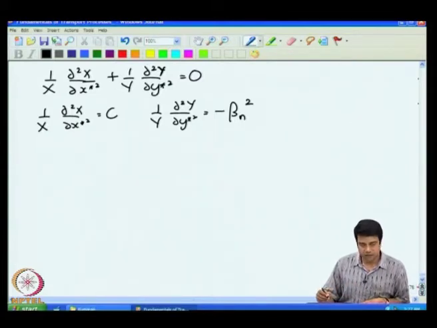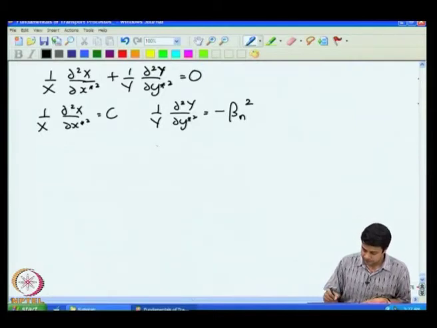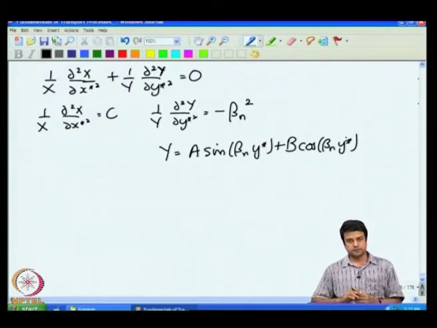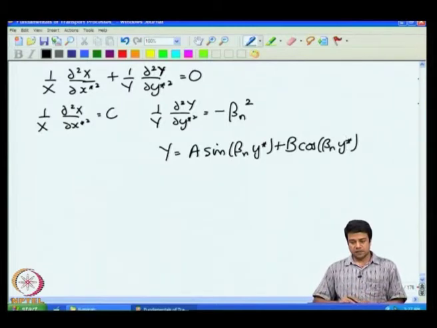And the solution of this is Y is equal to a sine of beta n y star plus b cos of beta n y star, if 1 over Y d square Y by dy star square is equal to minus beta n square.